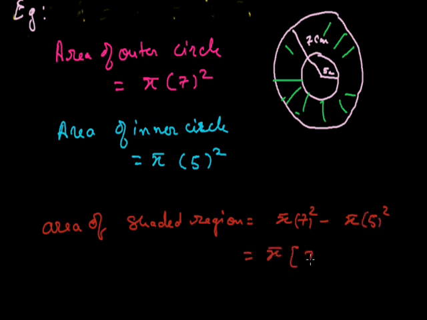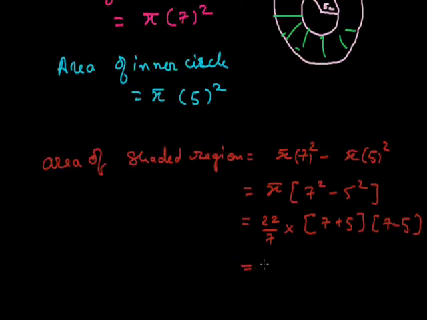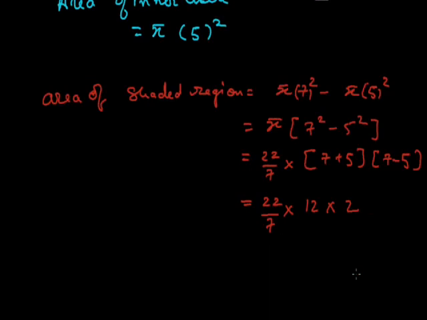It will be equal to pi into 7 square minus 5 square, and we can write it as 22 by 7 into 7 plus 5 into 7 minus 5. It will be equal to 22 by 7 into 12 into 2. That will be equal to 528 by 7 centimeter square.